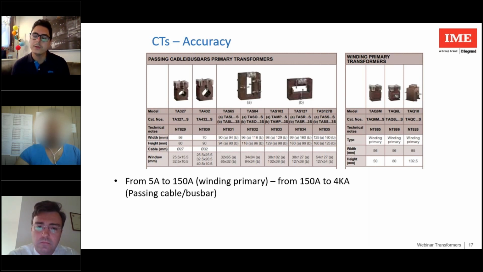That's why it's more important to use the real current flow in my circuit, and not the breaker, because I lose a lot of accuracy at the beginning of the measurement scale for the first current.